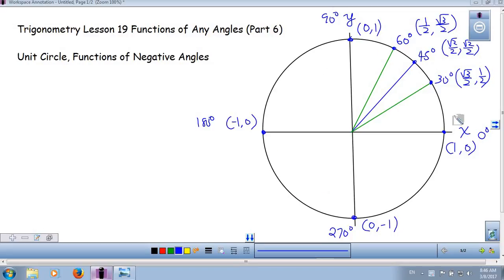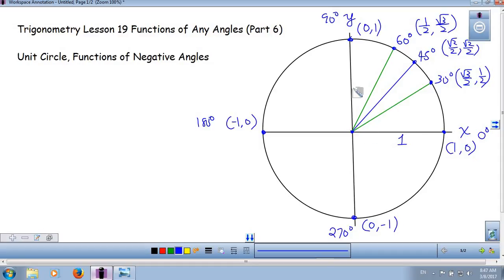All right, let's look at this unit circle. Continuing from our last lesson, we have discussed how the unit circle comes about and what a unit circle means. Again, the unit circle has a radius of 1. So the distance from the center of the circle to this point is 1. So this point has the ordered pair of coordinates 1, 0.